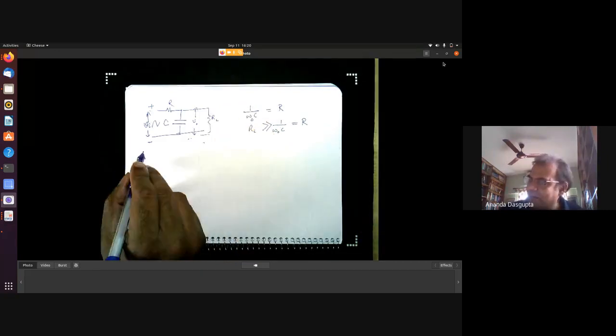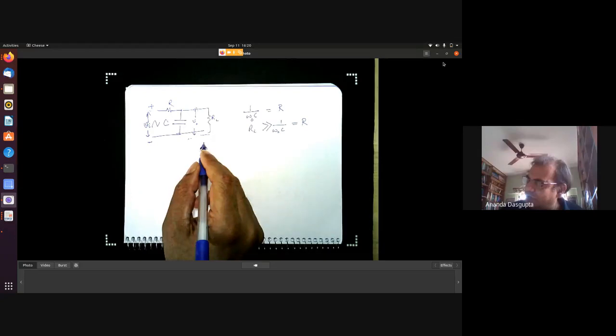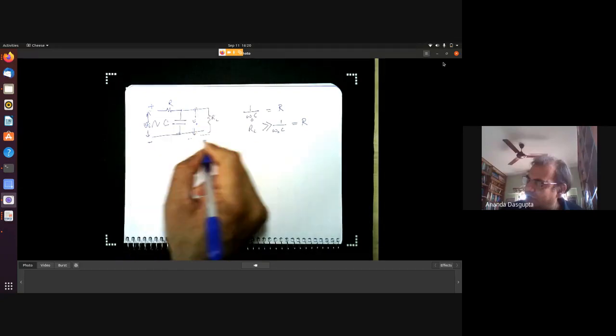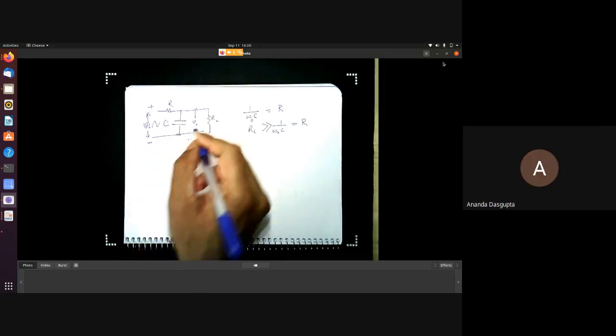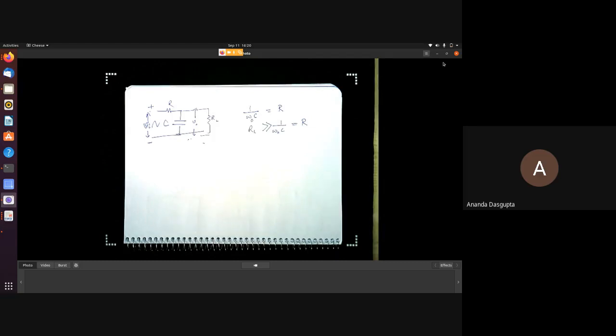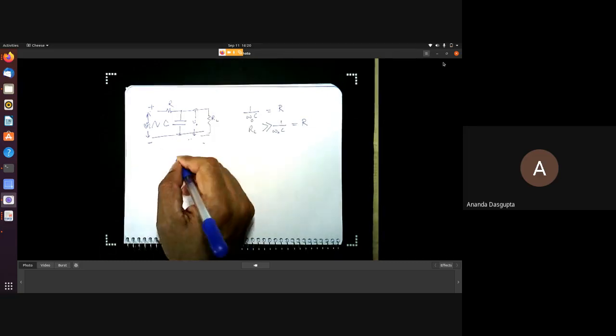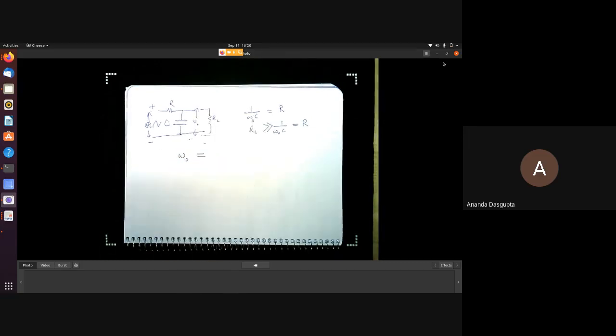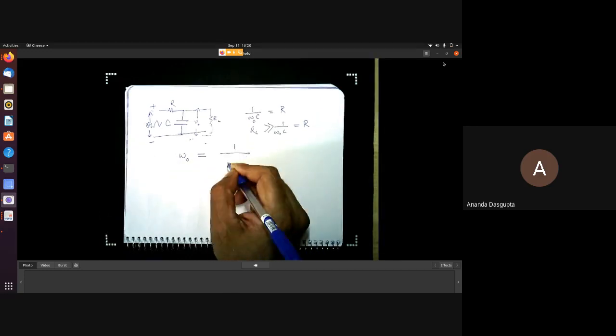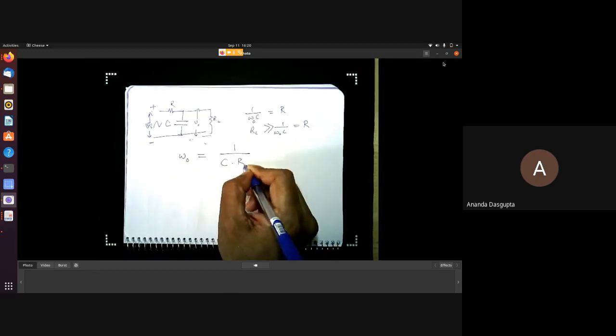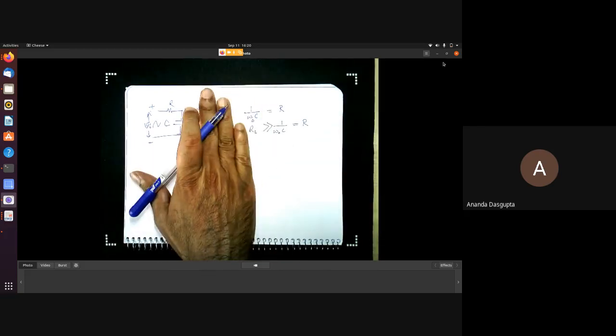By the way, suppose I connected the circuit like this with the RL, unless the RL is not too huge, can anybody tell me what omega 0 should really be for this circuit with RL taken into account? Omega 0, remember, is 1 by CR if you ignored RL.